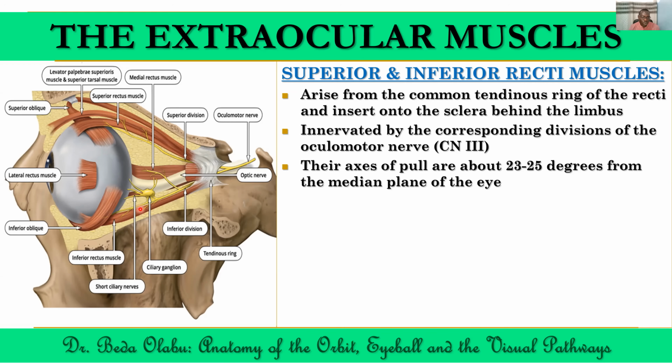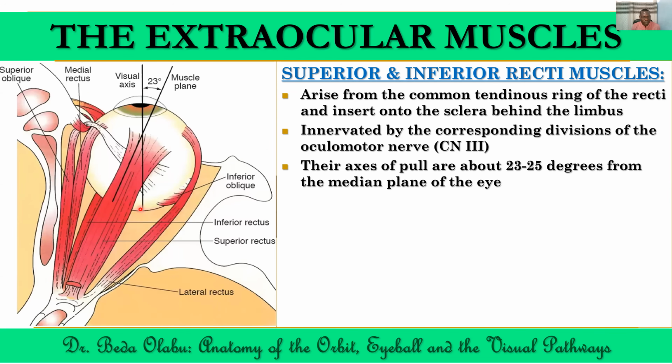The axis of pull of the recti is something to take note of if you're going to understand the mechanism of action of the superior and inferior recti. When you look at the axis of pull of the superior and inferior recti, it is not parallel to the visual axis.